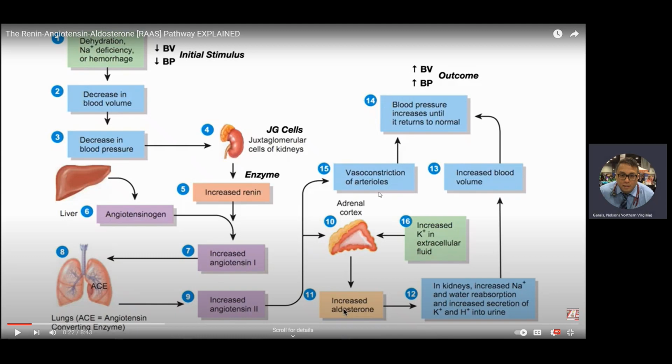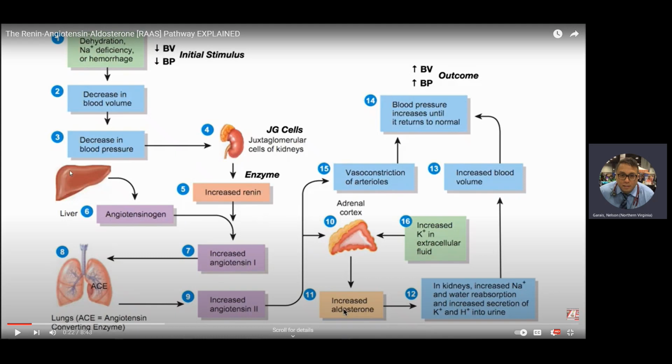So what kind of questions could come out? One, it could be a simple, what started this all? Decreased blood pressure, decreased blood volume. What did that do? Who's the first person in the pathway? The JG cells of my kidney. What did they release? Renin. What's renin eventually going to do? Increase my blood pressure, increase my blood volume.